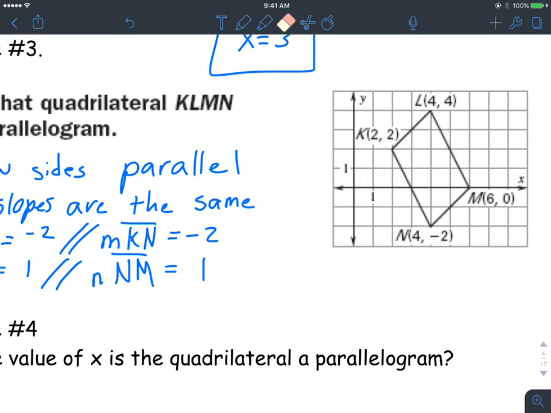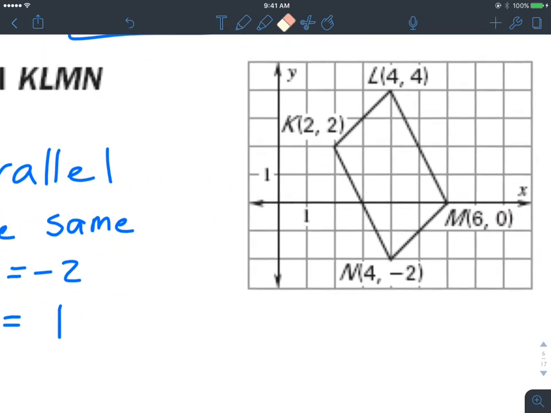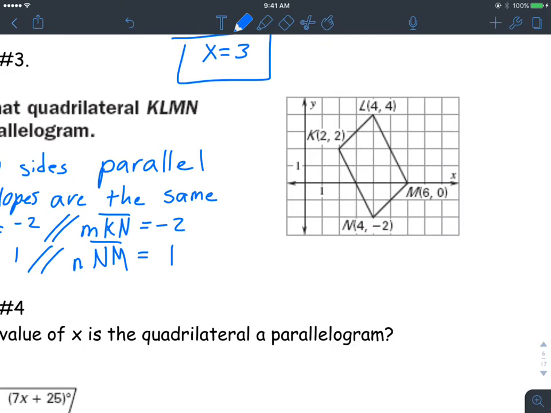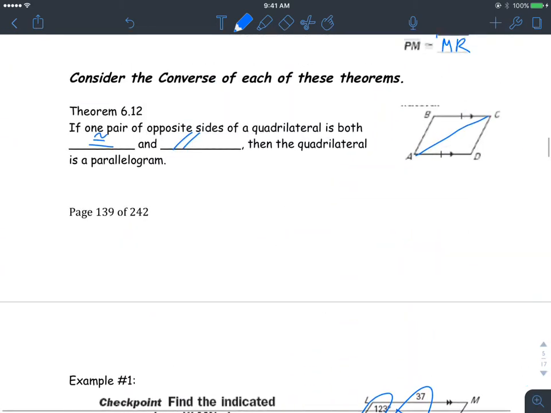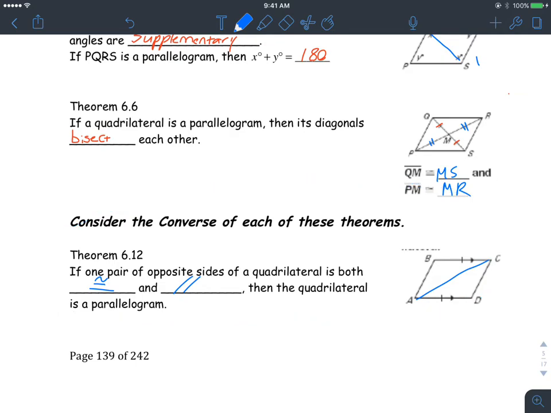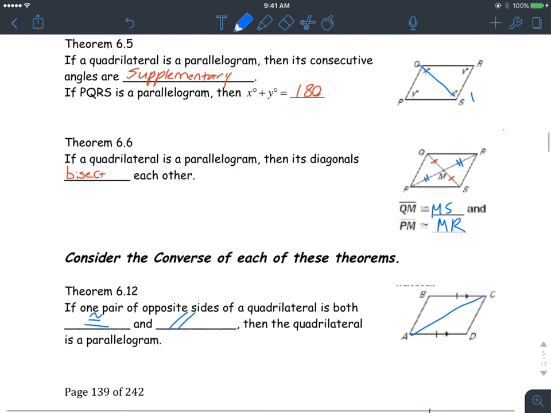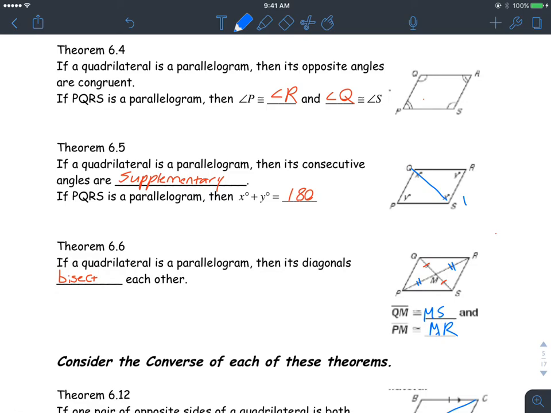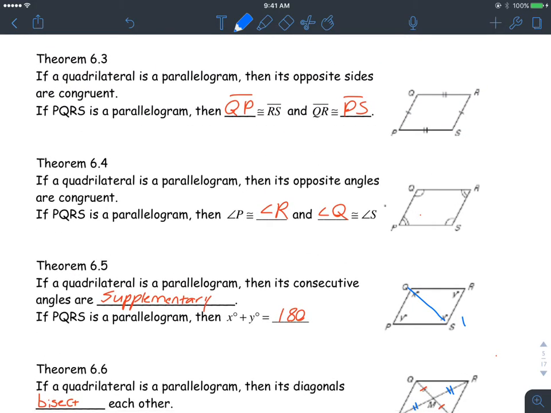Now, another way you can do this is by proving a couple of other things. You can use different combinations. Like we talked about this converse right here, saying if you have a pair of sides that are congruent and parallel at the same time, then it's a parallelogram. You can talk about the diagonals bisecting each other, but I probably wouldn't do that one, it's going to take a little bit longer.